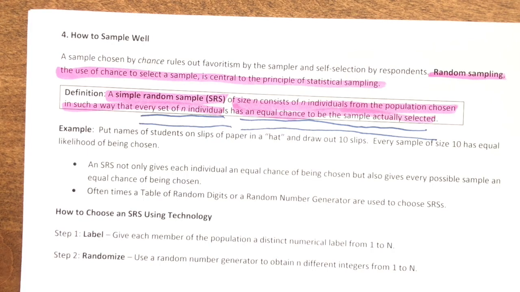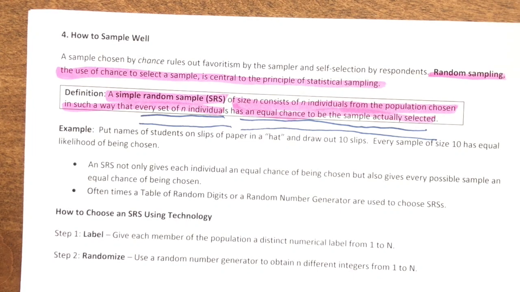One of the ways we can do that, the most rudimentary way, is to take all the names, if we're selecting from students, put all the students' names on slips of paper and put them in a hat, and then we could draw out 10 slips. Every sample of size 10 has an equal likelihood of being chosen. So that's one of the most basic, rudimentary ways that we can select a simple random sample.